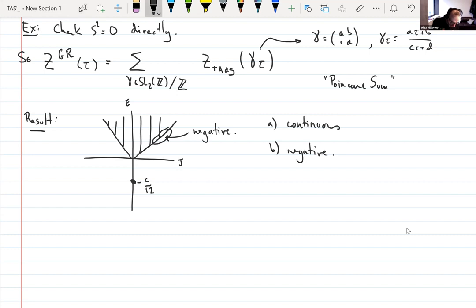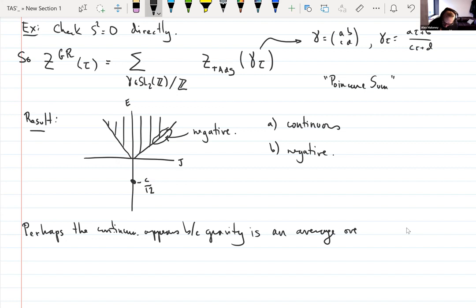So nowadays, and I think this is still something where the jury is out on whether that is exactly the right interpretation, perhaps the continuum appears because gravity emerges as an average over many CFTs. But in order for that to be a good interpretation of the theory, we better do something about this negativity.